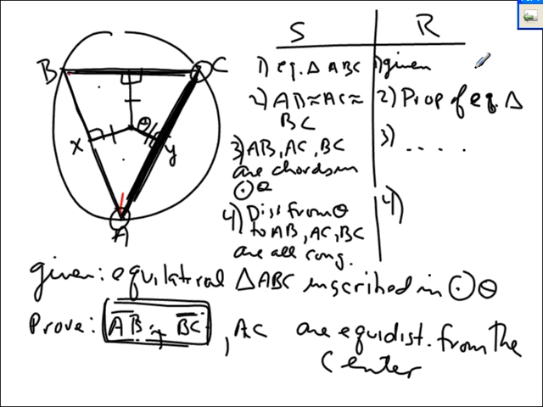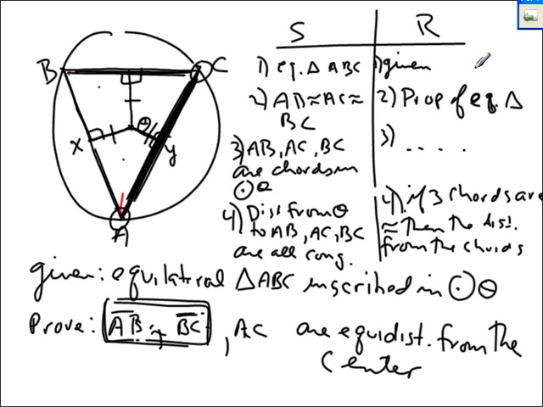If three chords of the same circle are congruent, then the distances from the chords to the center are all congruent.